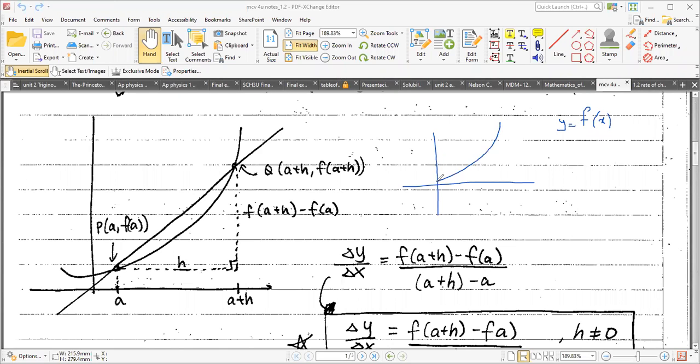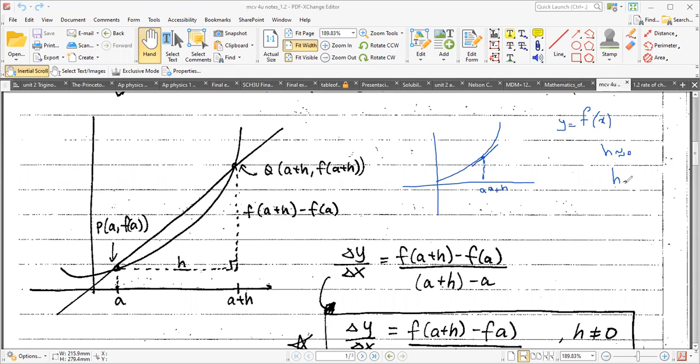Since we want to find the slope of the tangent line at one point, right? Let's say my point here is A. If I find a very close point to A, in such a way that A and that point are approximately the same, let's say the second point, I really choose it close to A, A plus H. H is going to be very, very small, approximately 0.